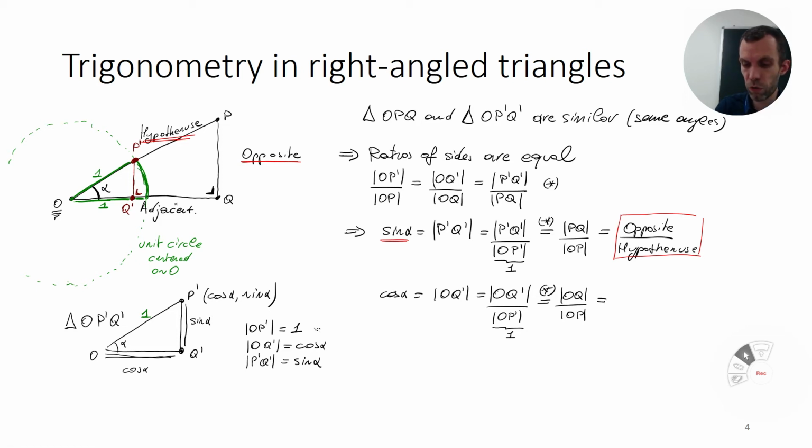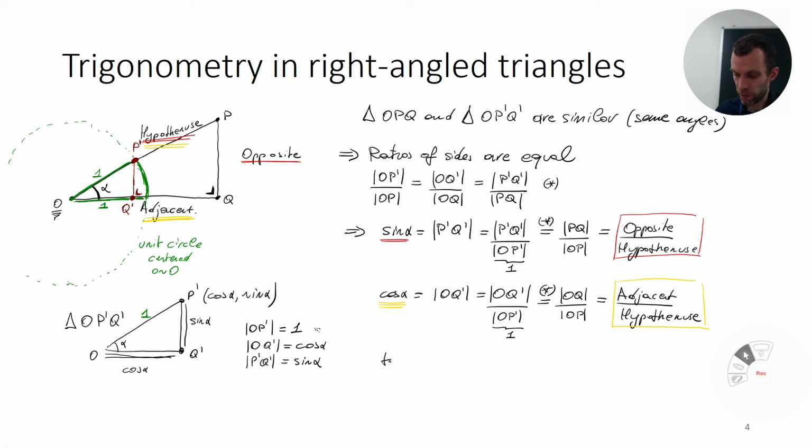Now OQ, that's the adjacent side, and OP, that's still the hypotenuse. And so once again, we get a formula for a trigonometric function as a ratio between different sides in the triangle. In this case, it's the adjacent divided by the hypotenuse.